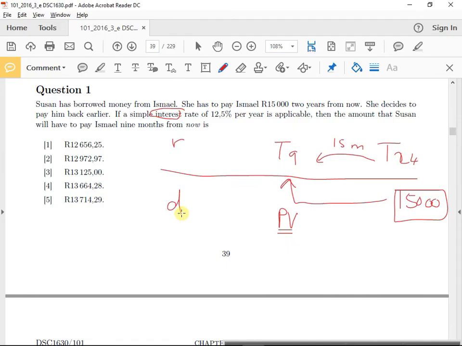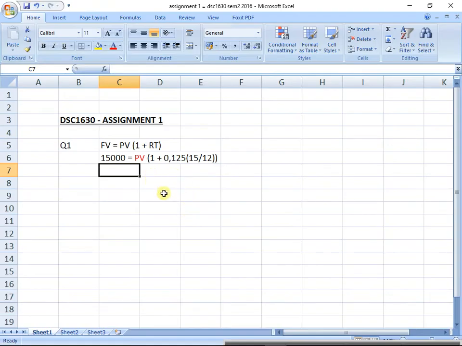Okay. Right. So for the simple interest, surely we have to type that into a calculator. Surely this is a 2-bit question, and we have to find out what the original amount of the loan is. No, you don't. Because they're asking you to take the 15,000 Rand that's at time 24 back to time 9. So do I do it on this calculator? No. Simple interest is a formula. So you do it like I'm doing it there. Solve for PV, right?